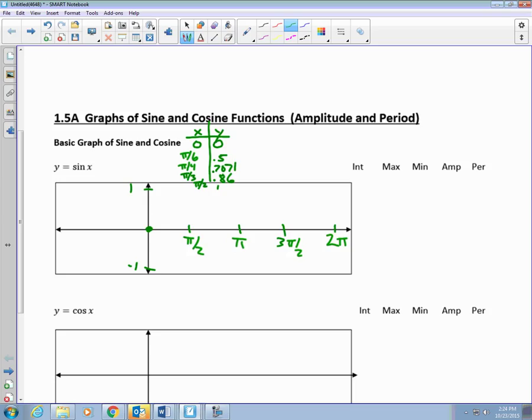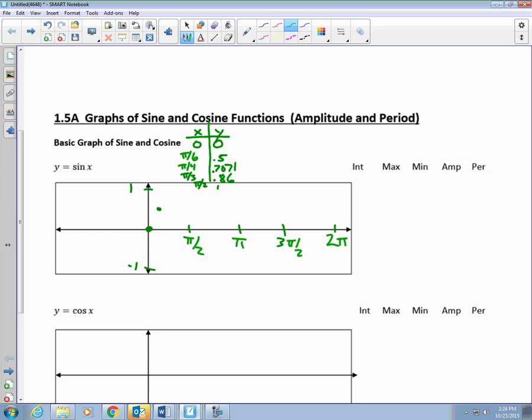Pi over 6 is 1/3 of a pi over 2. It's going to be right about here, pi over 6. Think about it, 30 degrees, 90 degrees. And the y value is 0.5, so it's going to be about like that. These are very rough estimates, approximations.